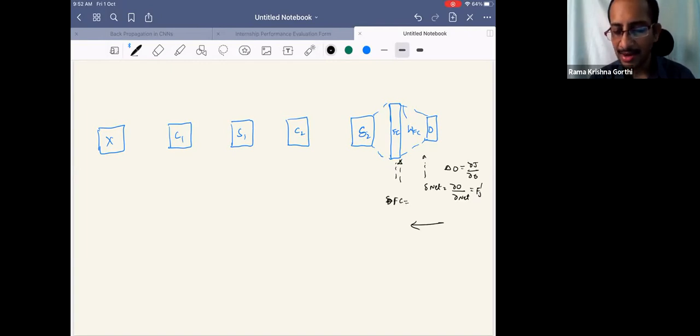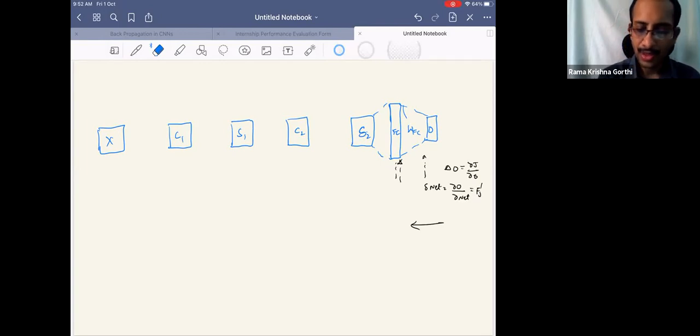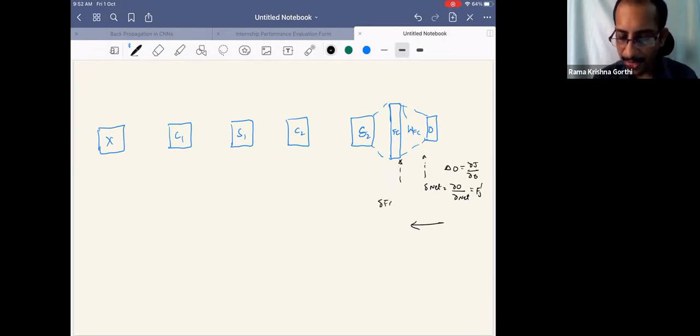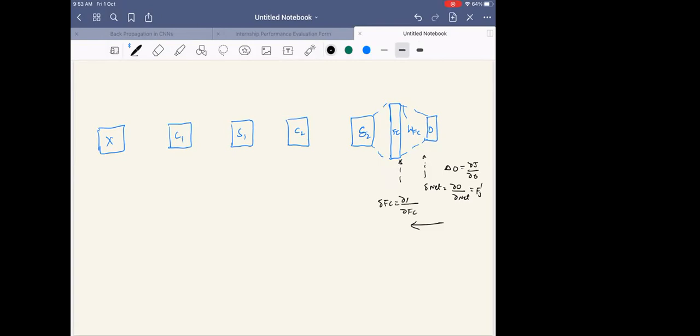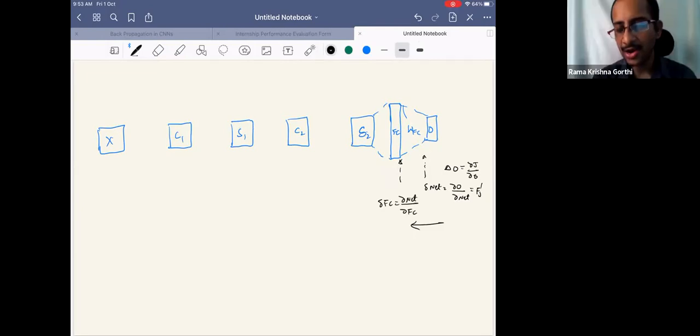Small delta FC is nothing but what? How do we define small delta FC? I think you can give a better definition. Small delta FC is dou net by dou FC, which is equal to what now?